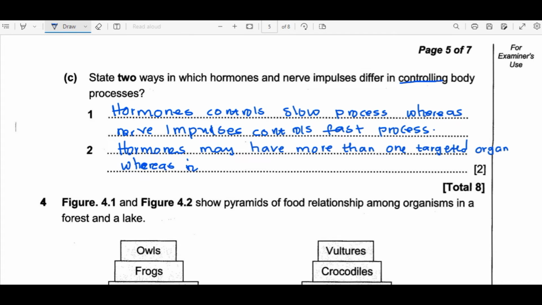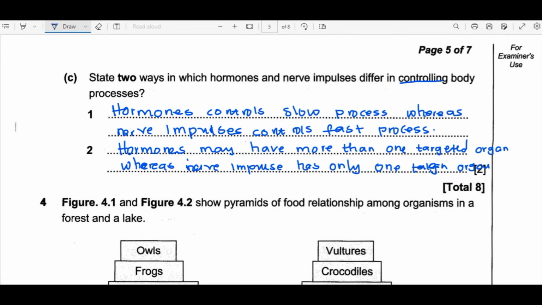Nerve impulse has only one targeted organ.